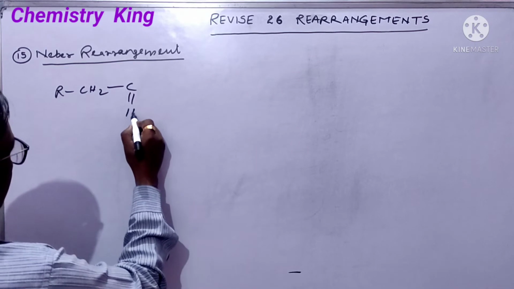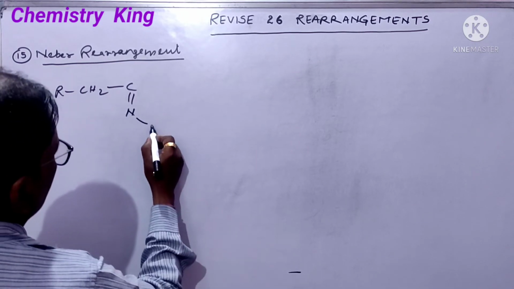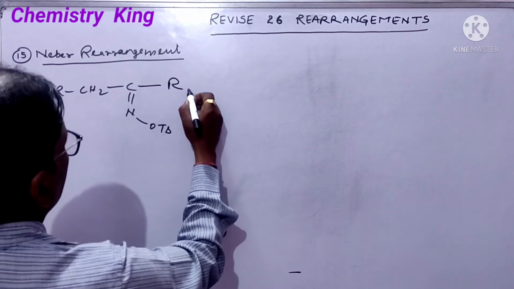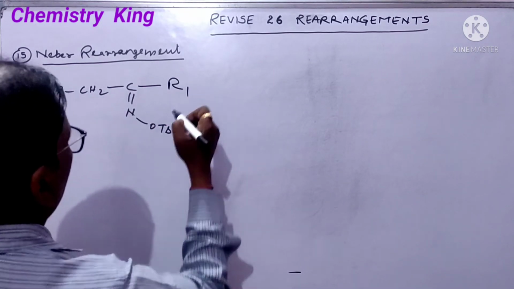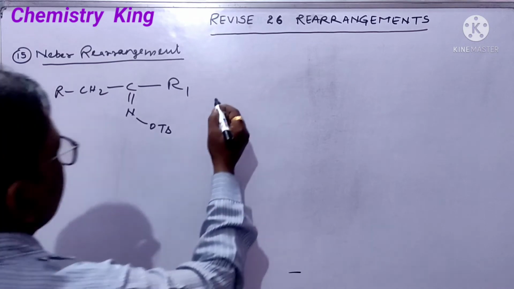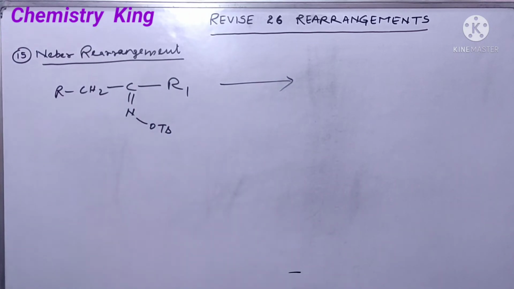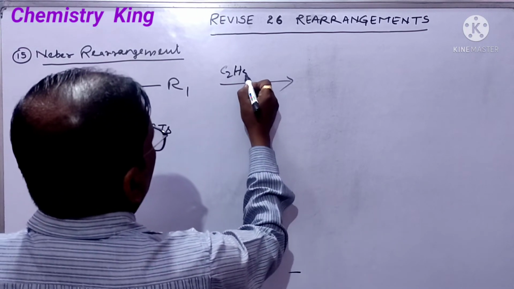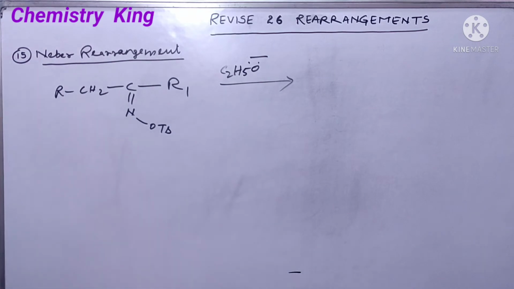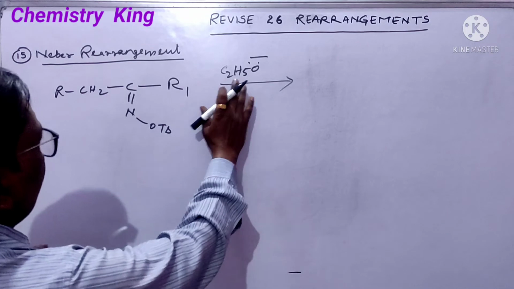It is oxime tosylate. Suppose it is R dash or R1. Okay, it is oxime tosylate. When it is treated with a base, ethoxide, we will get alpha amino ketone. Okay, let us see its mechanism.